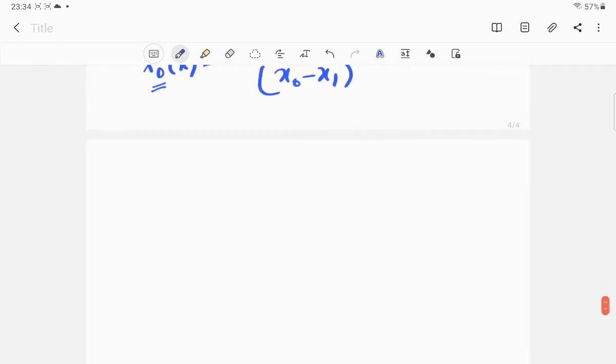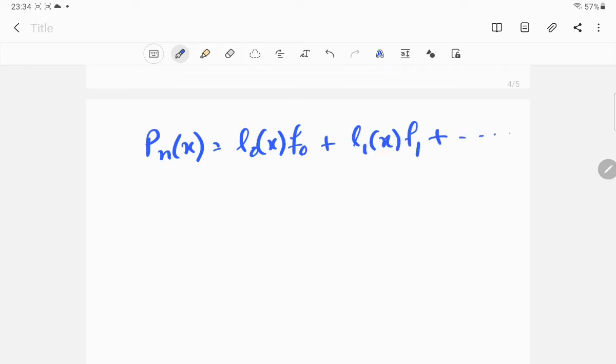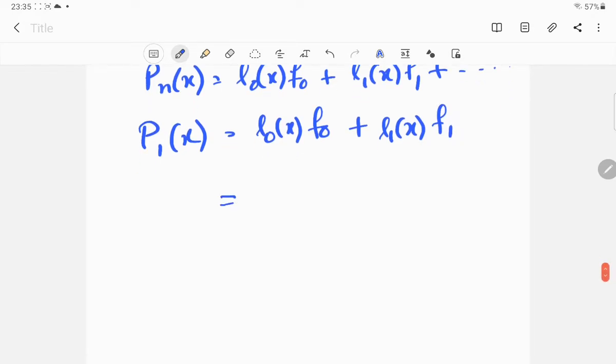So how does the polynomial look? You know that Pn(x) is equal to something like L0(x) F0, L1(x) F1, and goes on like this. Since our case is simply P1(x), it is L0(x) F0, L1(x) F1. So we already got the value of L0(x).